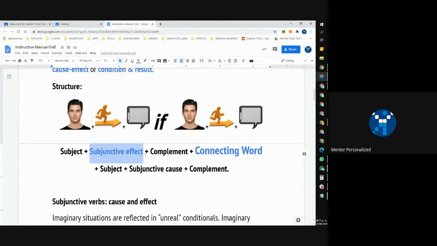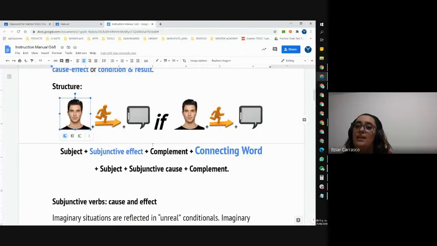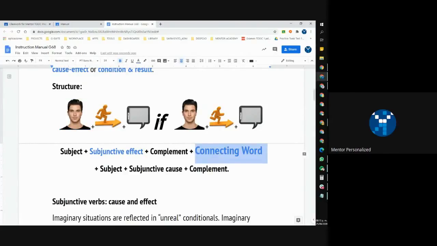It's my imagination. It's the subjunctive effect. It's in the mind of the subject. It's imaginary. It's not in reality. If, the connecting word, plus subject, plus subjunctive clause.